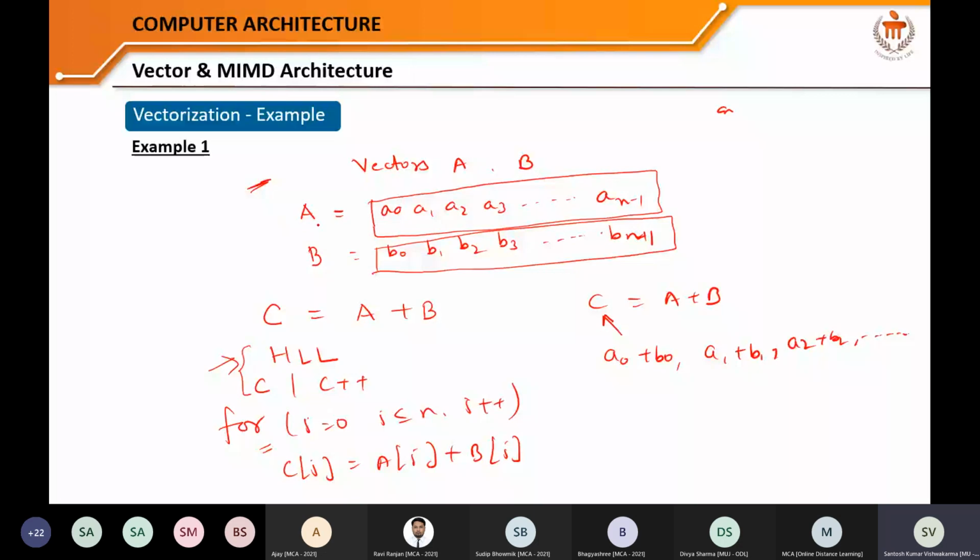If we show it in terms of addressing modes, vector operations can be performed by writing this kind of format. First is the operation. The next three fields can be utilized for registers. Suppose we have the first register V1, then V2, and the result is going to be stored in VR.